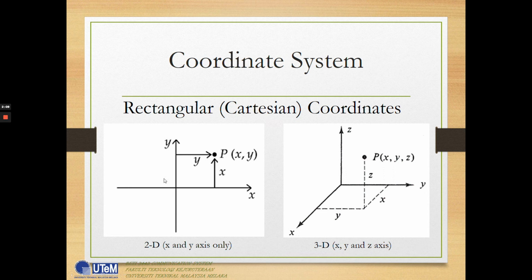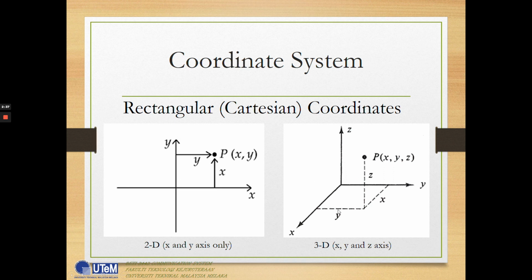Whenever we use any 2D coordinate system, we go for x axis and y axis. So we go x and then y, and then we find the point, right? But if we add one more additional axis, let's say we have x, which represents this one, y, which represents this one, and the z.